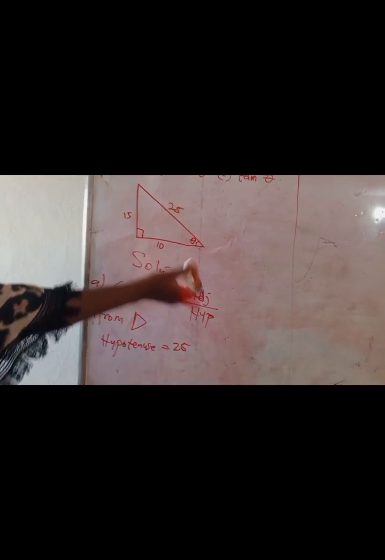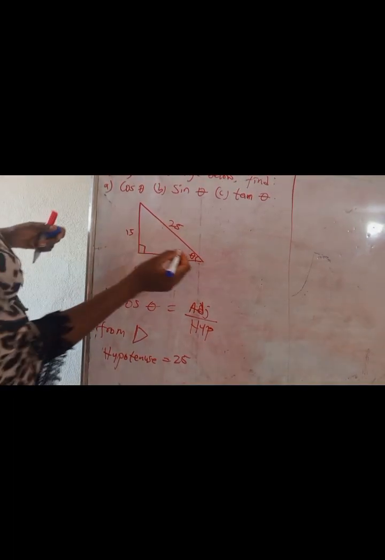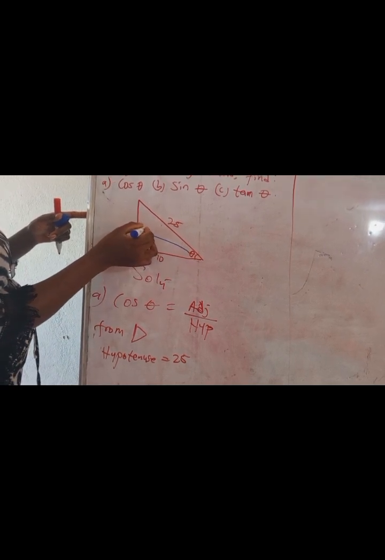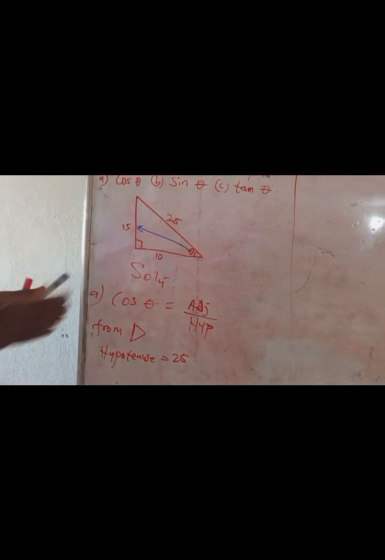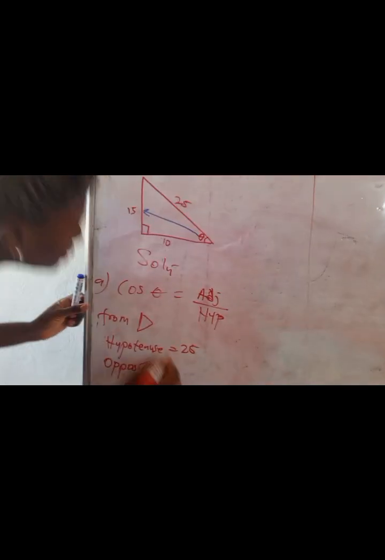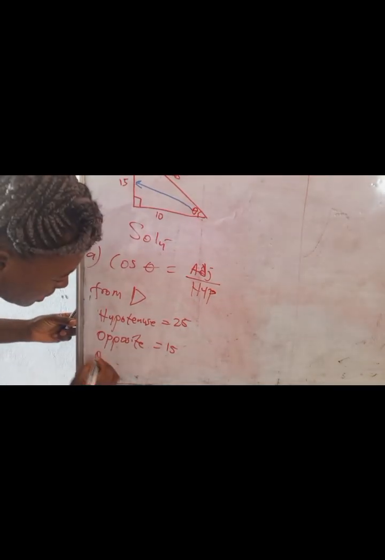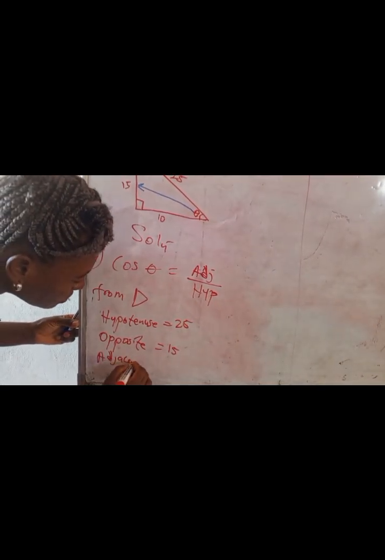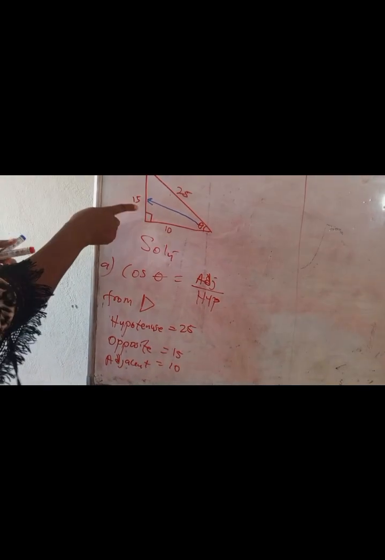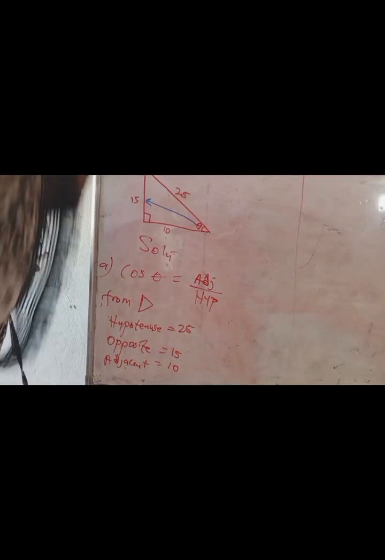Then, if you look very well, the opposite side to this angle is 15. Then the remaining side is the adjacent, which is 10. So if you are able to determine the opposite, you can easily find the adjacent, because the hypotenuse is always constant.